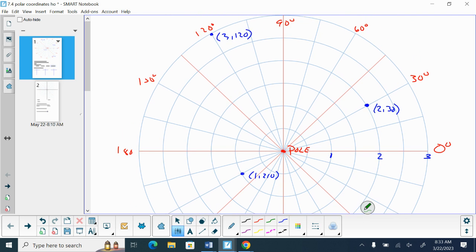What would be opposite to 300? 120. So I would go to this exact same point, and I can label that (-3, 300). Okay, so when I deal with negatives, I just go to my degree angle, and I just go the opposite direction.